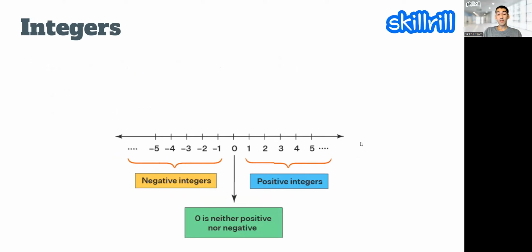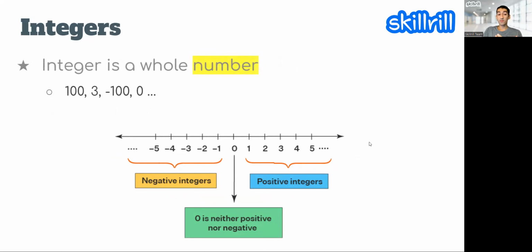Integers. You probably remember from your math classes that integers are just whole numbers, right? Positive numbers, negative numbers, and zero, but a whole number, not anything decimal with a point and so on, right?